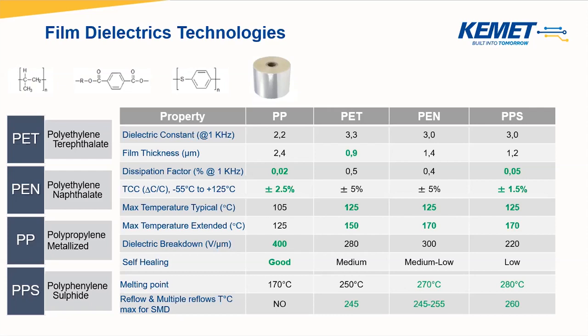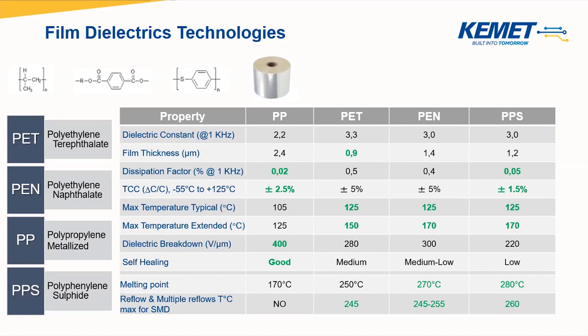And one of the other good properties, a typical characteristic of polypropylene, is self-healing. It is the property of the material to self-regenerate when a peak of voltage reaches the capacitor, so that it can avoid the short circuit failure mode and fail in open mode with a relatively low loss of capacitance.